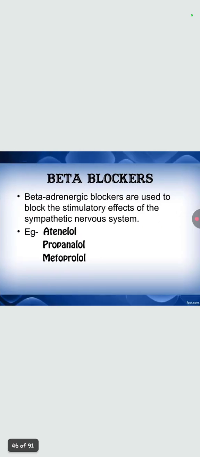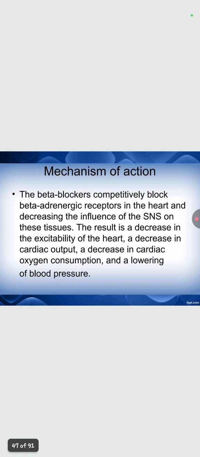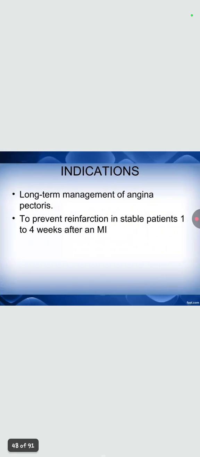Then beta blockers. Beta adrenergic blockers are used to block the effect of the sympathetic nervous system: atenolol, propranolol, metoprolol. Mechanism: they competitively block the beta adrenergic receptors in the heart and decrease the influence of the sympathetic nervous system on these tissues. They result in decreased excitability of the heart, decreased cardiac output, decreased cardiac oxygen consumption, and lowering of blood pressure.